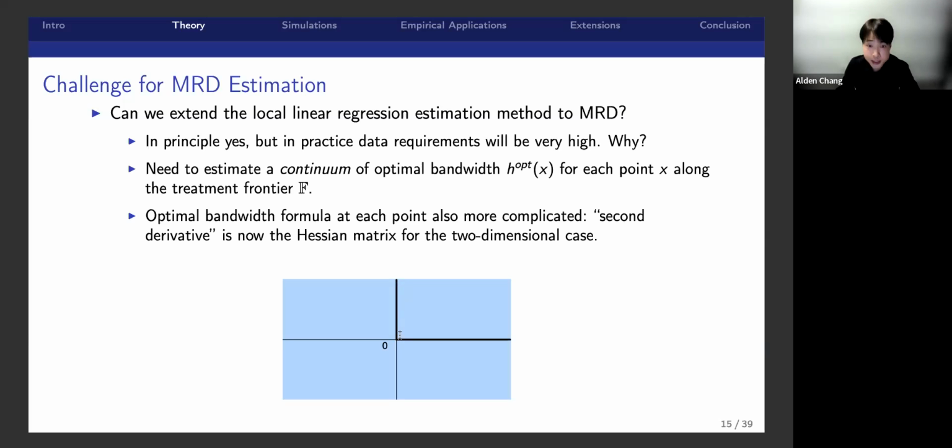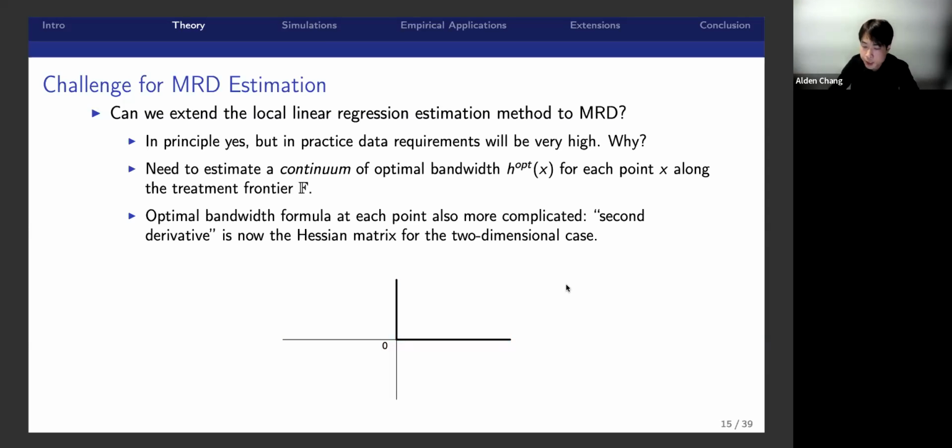So this is going to require a lot of data. And secondly, the optimal bandwidth in multiple dimensions is also more complicated. Specifically, we'll need to estimate the Hessian matrix, which is basically the second derivative in the two-dimensional case.